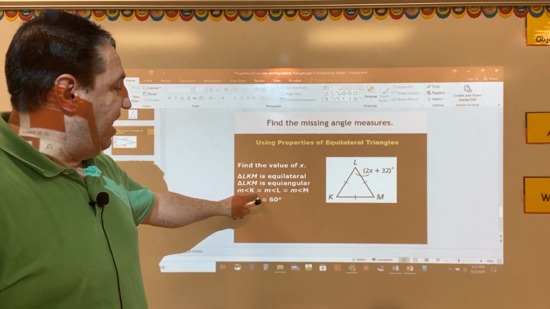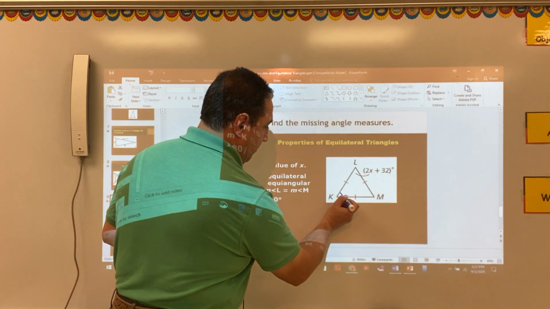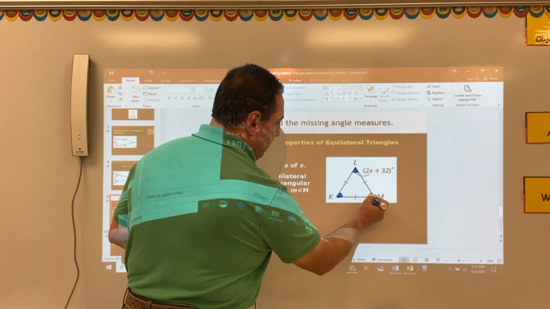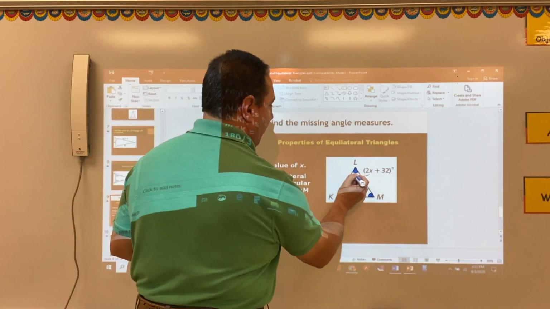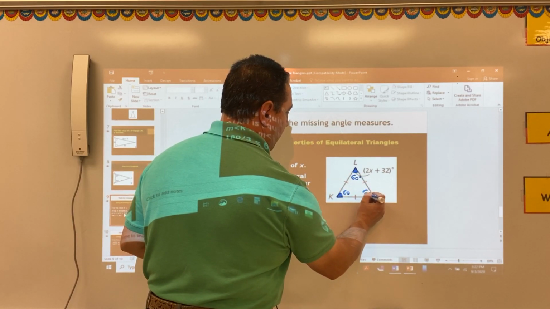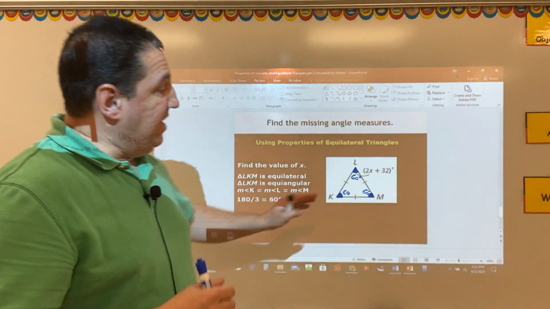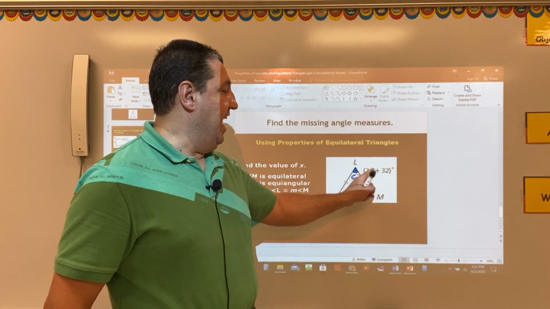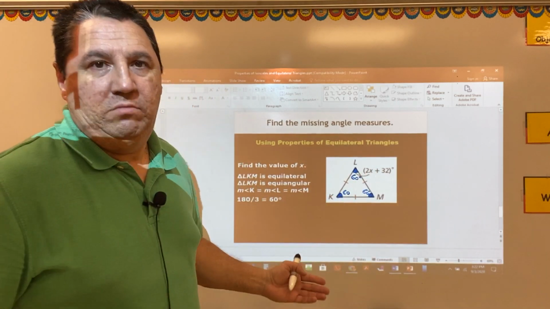Measure of angle K equals measure of angle L equals measure of angle M, and equals 60, right? So we need to find x. Now, the measure of angle L is at the same time 60 and 2x plus 32. So we can write the equation.